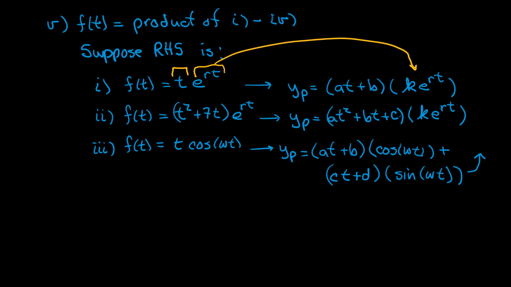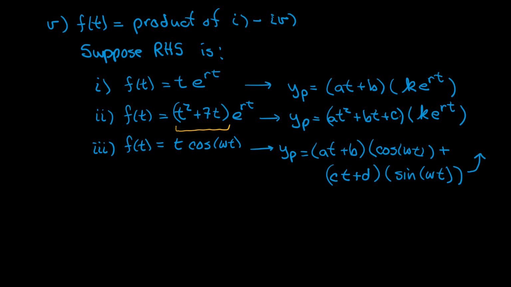And the proposed solution for the equation that has these two functions multiplied together is just the product of the proposed solutions. One of the things I do want to point out to you is, suppose you have something like t squared plus 7t. We talked about this earlier, but I was concerned that we just talked about it and didn't actually see anything going on.